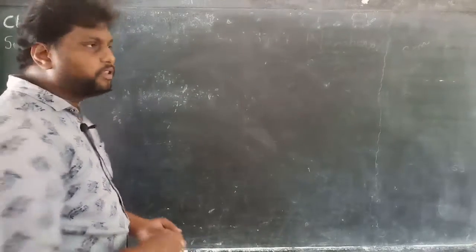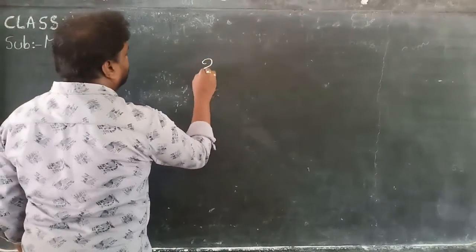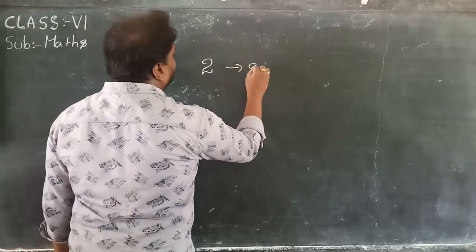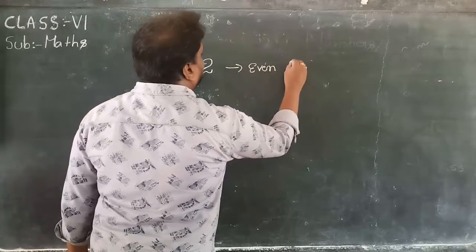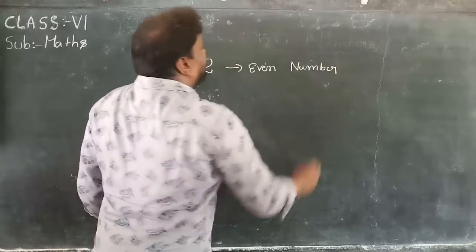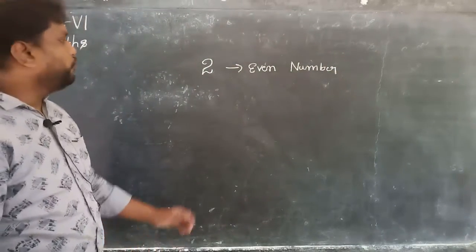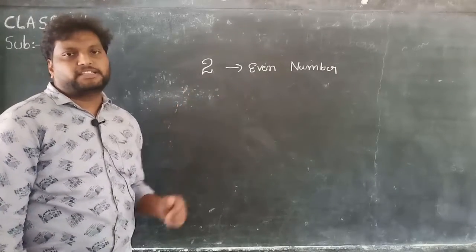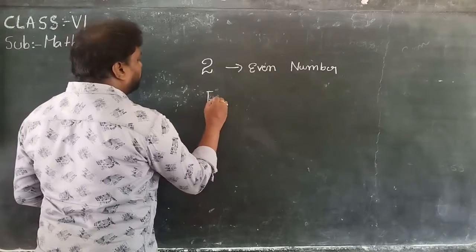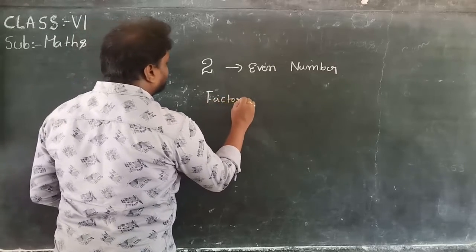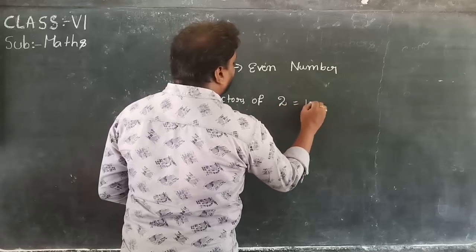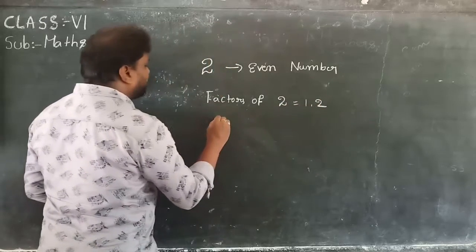And one more important thing: 2. Actually, 2 is an even number. Why? Because 2 is a multiple of 2. When we divide by 2, we get a remainder of 0. The factors of 2 are 1 and 2, so 2 is a prime number also.